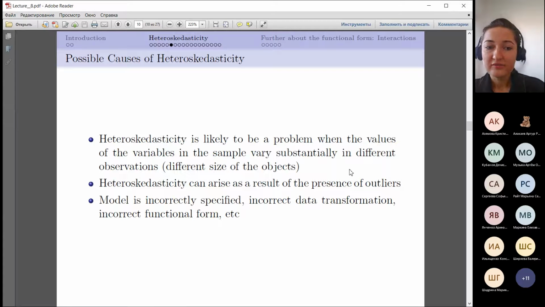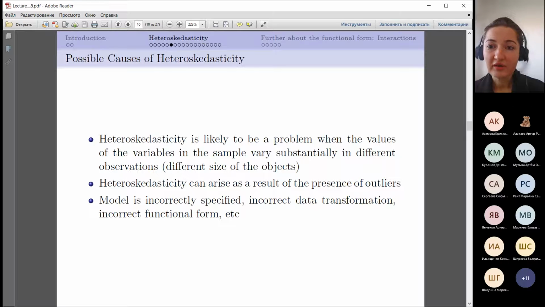The second reason is that heteroscedasticity can arise when you have outliers in your sample. You should remember that an outlier is an observation that is much different in relation to the rest of the observations in your sample.